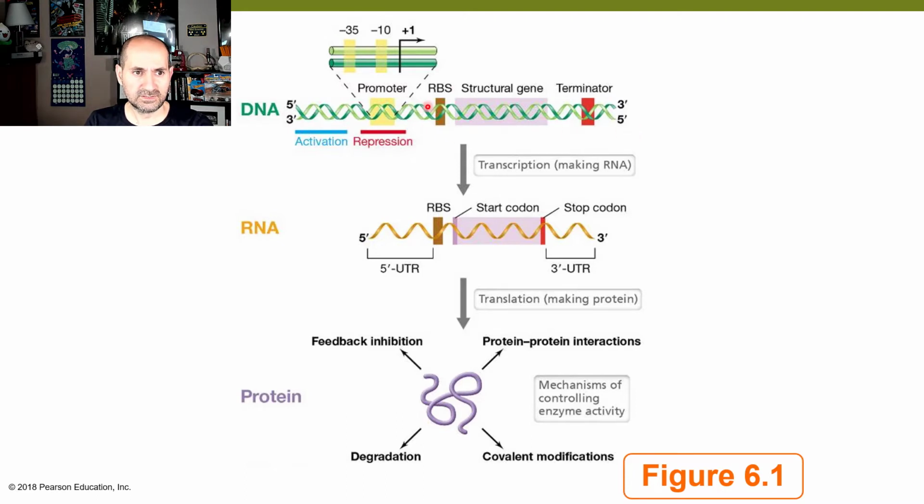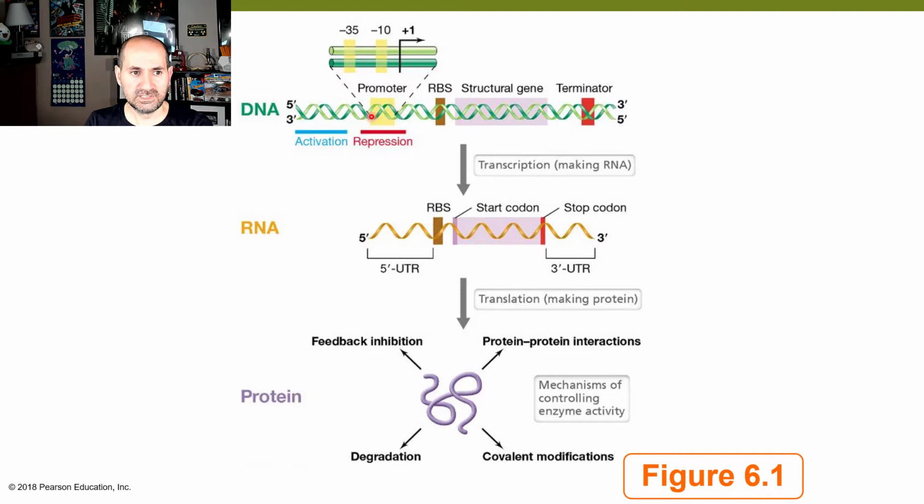Remember that you have the structural gene, that means the part of the gene that codes for protein. You have the promoter, that's the region of DNA upstream of the gene. That means like in front of the gene.